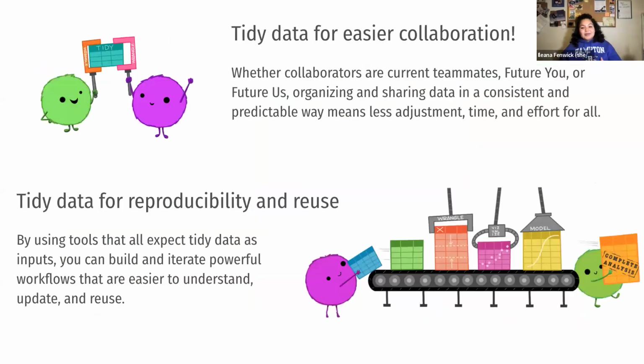And so this makes your data organization and management more predictable, more consistent, and it requires less time and adjustment overall for everyone. Your data is also easier to update. It's easier to understand, and it's easier to reuse, which can give you the opportunity to integrate new tools and techniques for a more powerful workflow and more powerful deliverables.